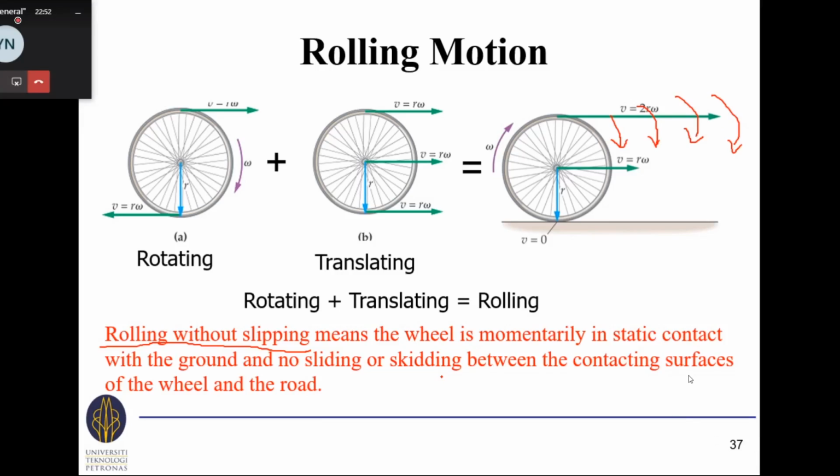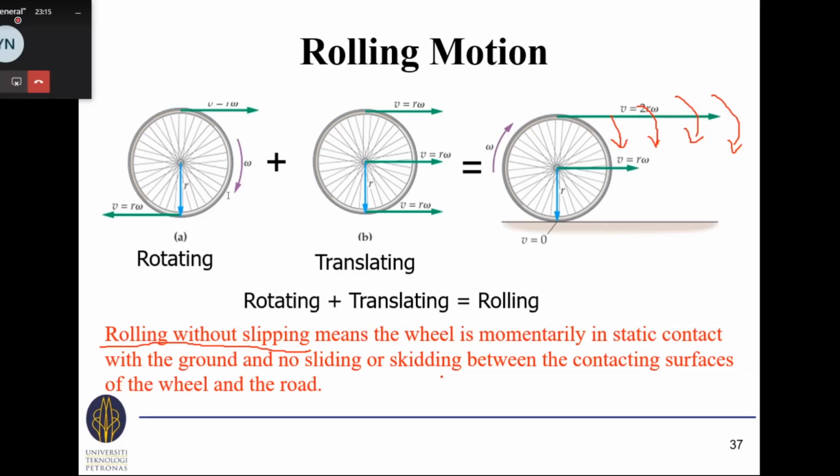If you know how to ride a bicycle, when it is rotating, there is a certain point where you feel your bike is screeching, or the tire is not properly rotating.